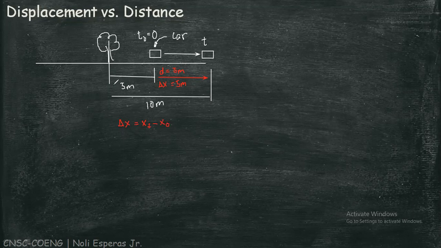So the initial position of the car is 5 meter, while the final position is 10 meter from the origin, which is the tree. And using the formula, we can solve for the displacement as 10 minus 5, which equals 5 meter.